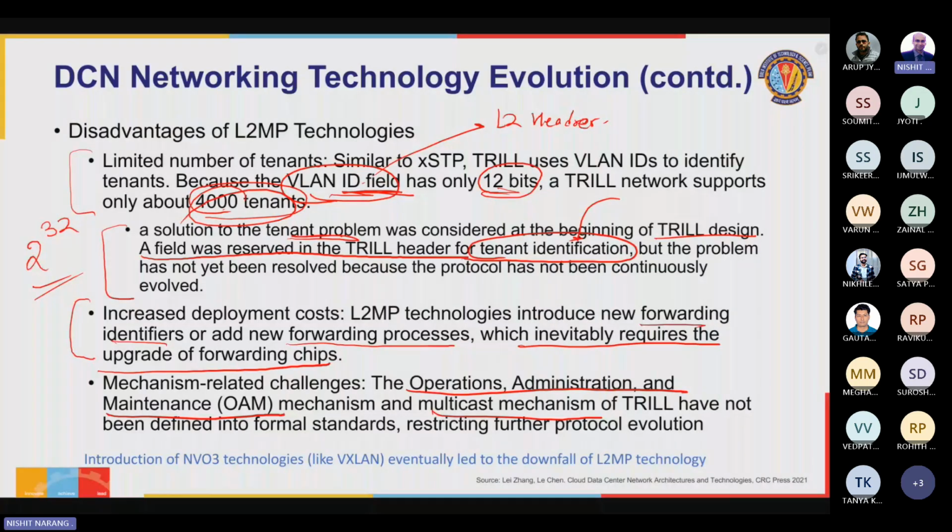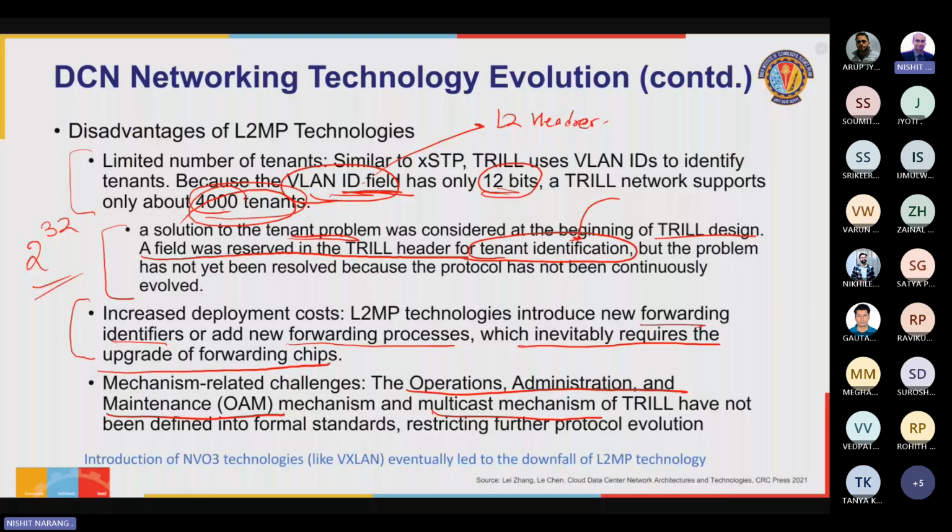So you need new O&M protocols, new multicast protocols to complement the basic Trill protocol for additional functions that are to be supported. Trill never evolved to that level. Such functions, such methods never got defined, never reached the formal standardization stage. And that also, to an extent, restricted the further deployment, use and evolution of L2MP as a protocol.